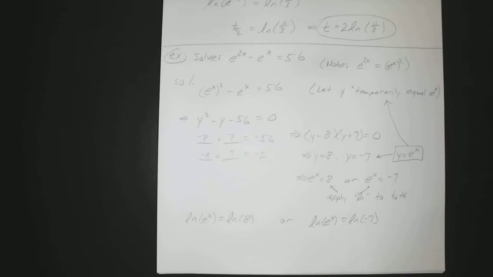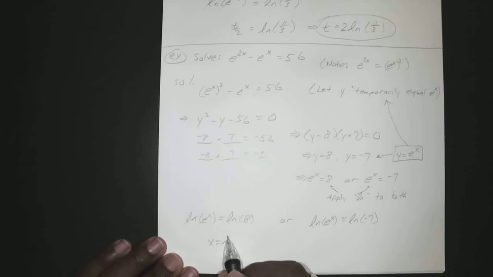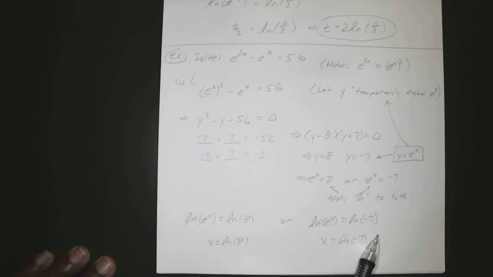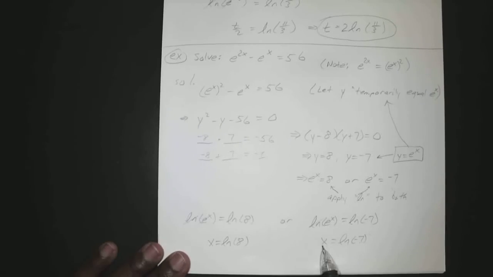Okay. So for the first one, we already know these two kind of cancel each other out. So we know x equals natural log of 8. For this one, remember, you can't have a negative value inside of a natural log. So this is actually not a solution.